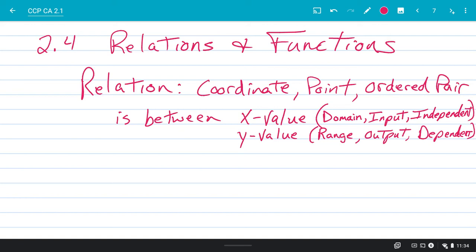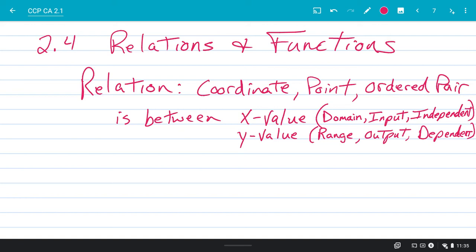Then we separate them vertically and say Y. X, Y. Input, output, domain, range, independent, dependent. So we're going opposite direction, horizontally and then vertically each time. One more time. Do it with me, please. X, Y. Input, output, domain, range, independent, dependent.